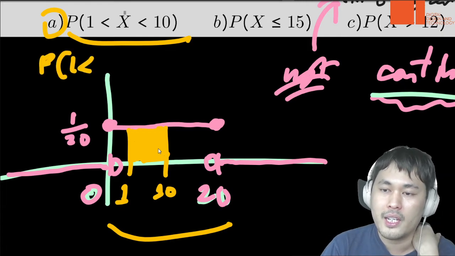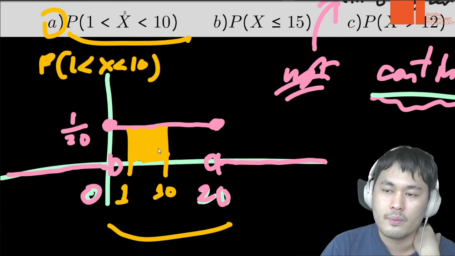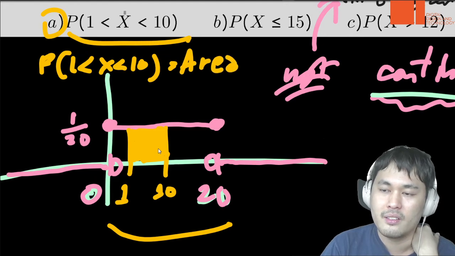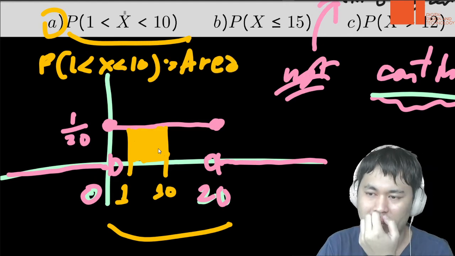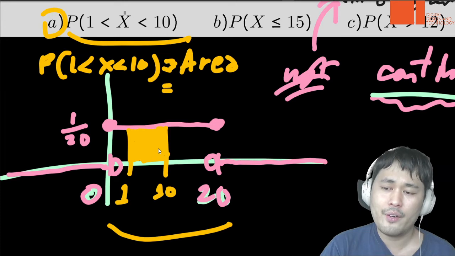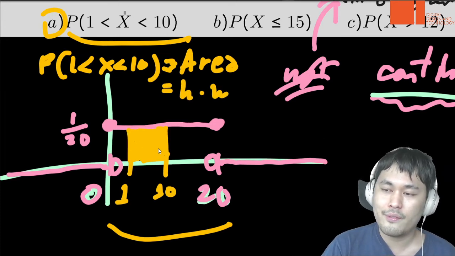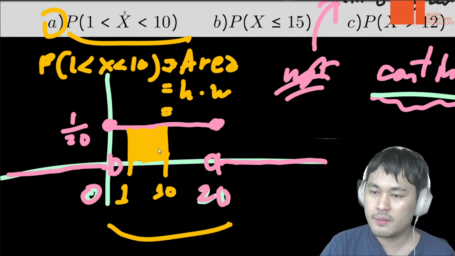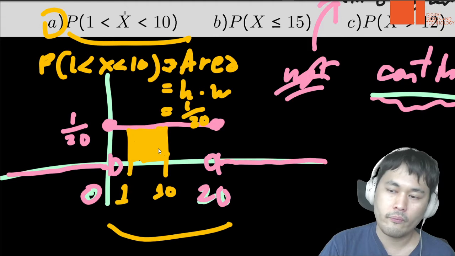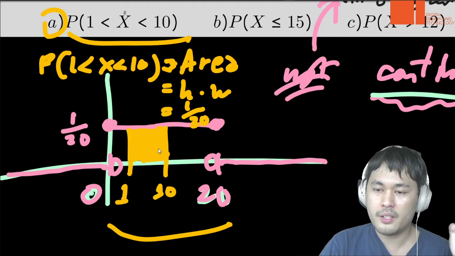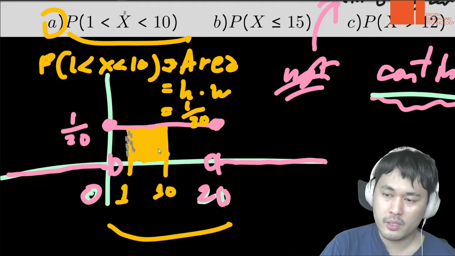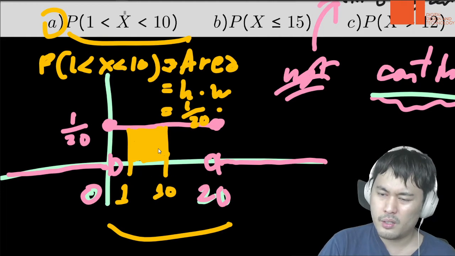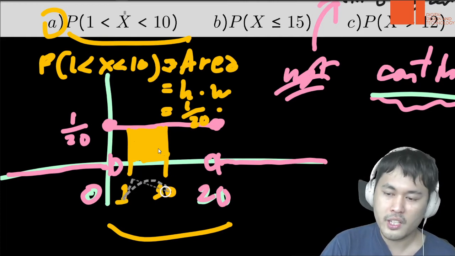So we say that is the area. That's informal, but it's the area. And how do we find the area of a rectangle? It's the height times the width. The height here is 1/20, because the height from any point in this range is 1/20.